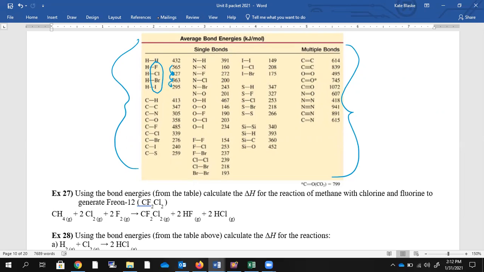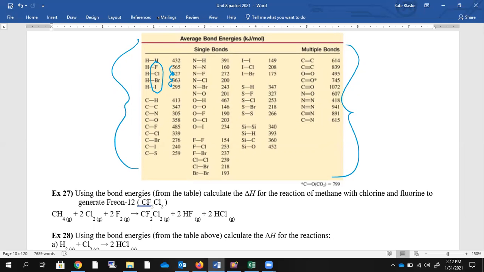This is going back to stuff that we talked about when we talked about periodic trends. So, things to keep in mind. That same pattern can be seen with several other types of bonds.